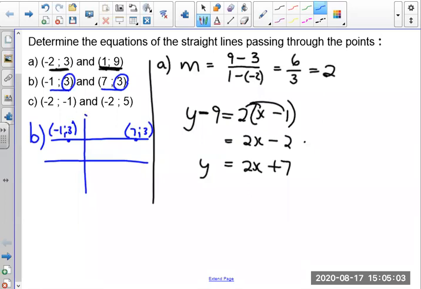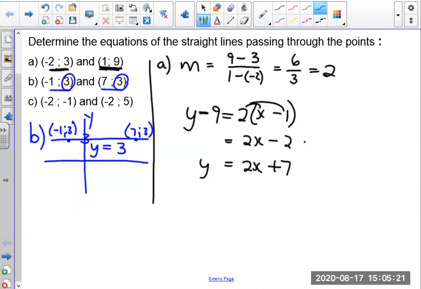And can you remember what we said last week? A horizontal line has an equation, y equals where it passes the y-axis. So the equation will simply be y equals 3.